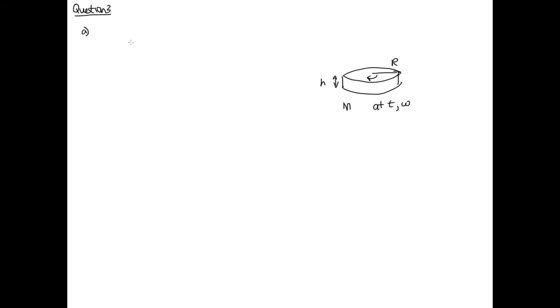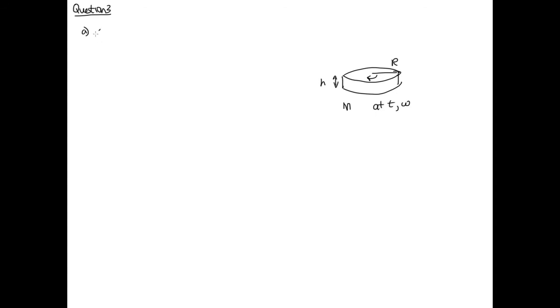And now we need to give an expression for the angular acceleration of the disk. So the angular acceleration, with these angular questions, I find it easier to think of the equivalence between the rotational quantities and the translational quantities. So we know for a translational quantity, the acceleration is equal to the change in velocity over time.